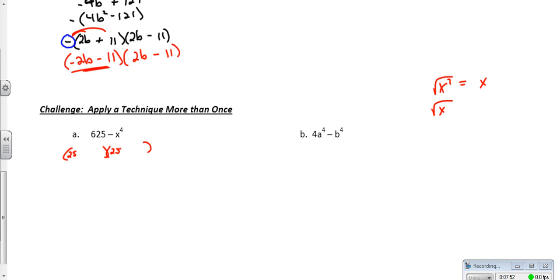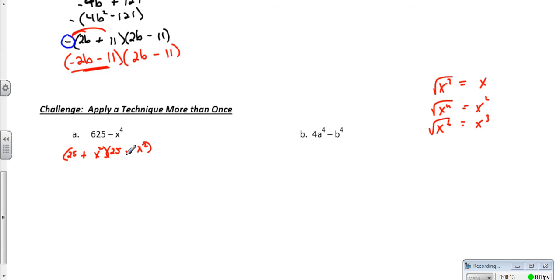The square root of x to the fourth is x squared. So notice the pattern. The square root of x to the sixth is x to the third. So you're taking half of it. So you'd have x squared and x squared, and then you'd go plus minus.